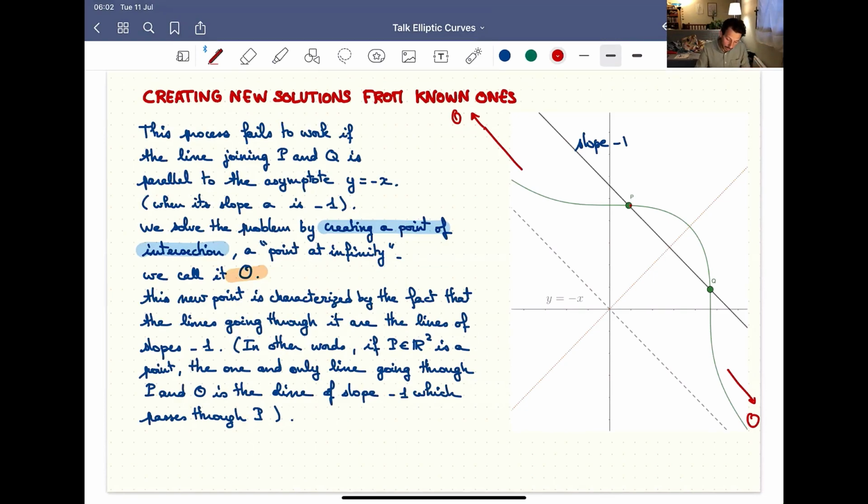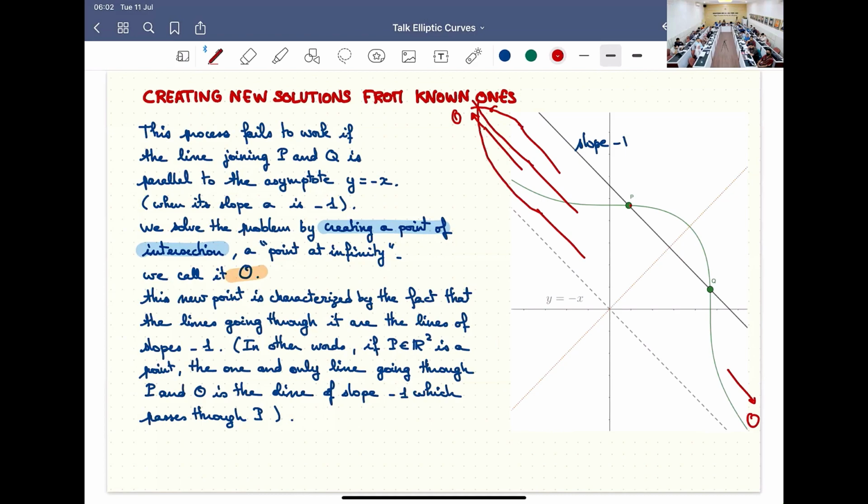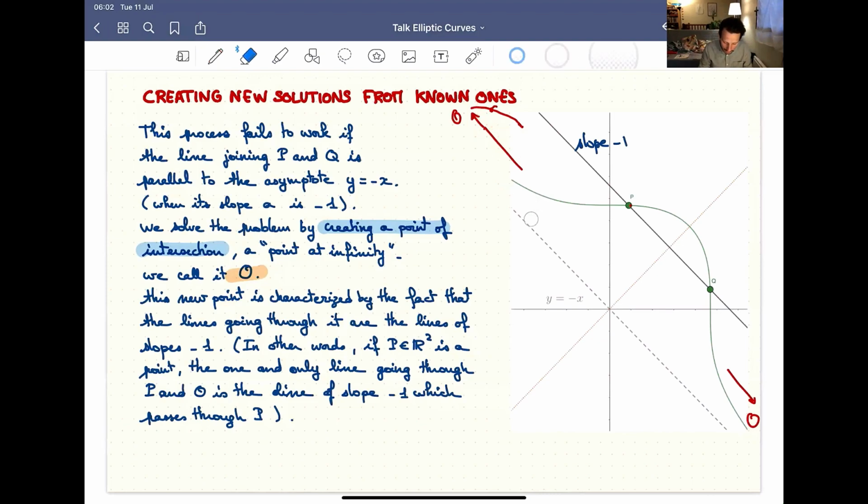So all those lines of slope -1 intersect at O. It looks a bit like this: the lines sort of bend toward the point O. It's not very precise.